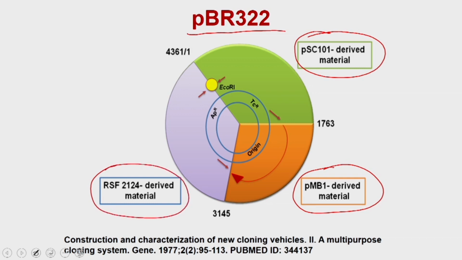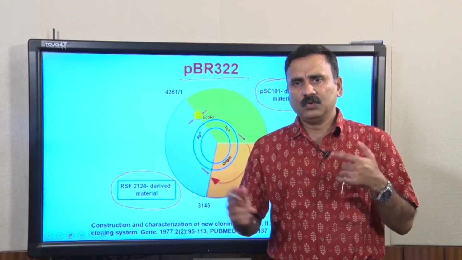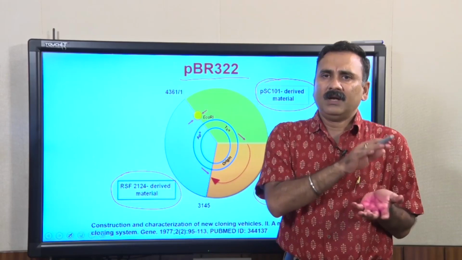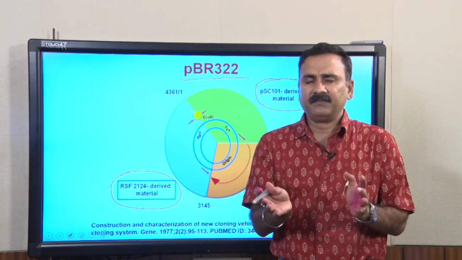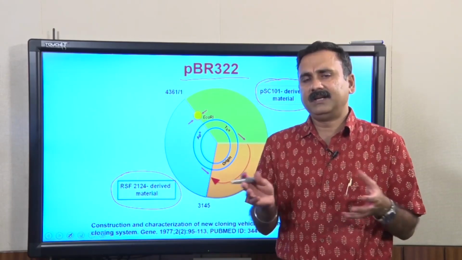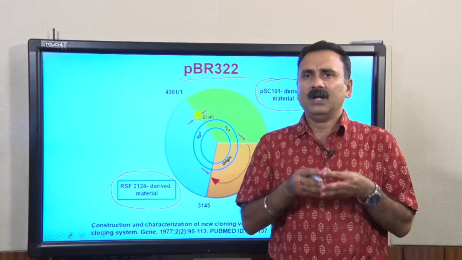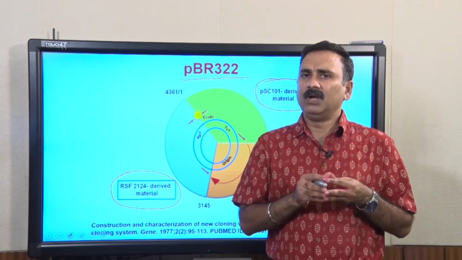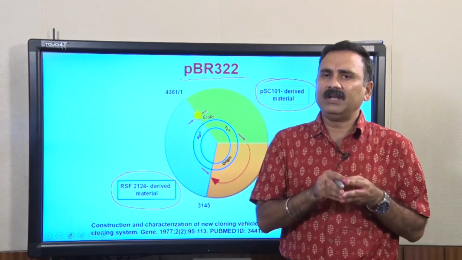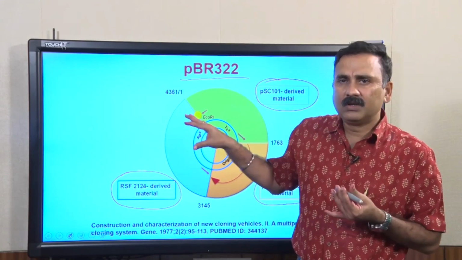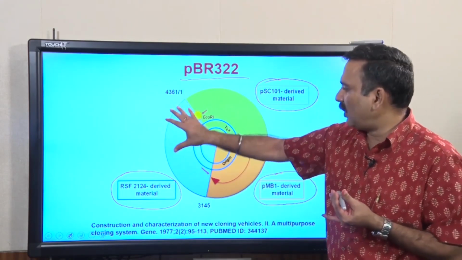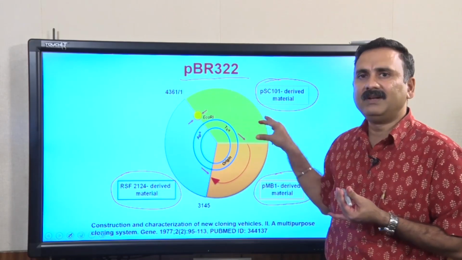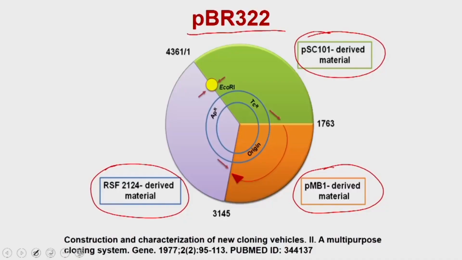But when they realized that some of these plasmids were not good enough for molecular cloning because of one or another disadvantage, they decided to design a unique as well as robust plasmid which could be used for molecular cloning purposes. They took the good components of all these three plasmids, and that is how they designed a new plasmid called pBR322.